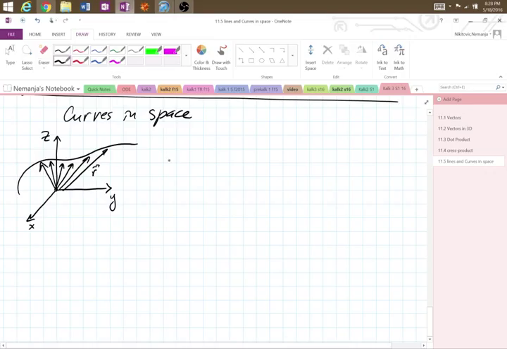And we're going to remember that vector r of t was the vector valued function f of t, g of t, and h of t. Also, we can use the ijk notation. We don't, but you can use hats because they're unit vectors.